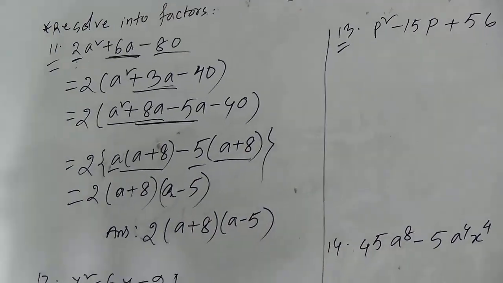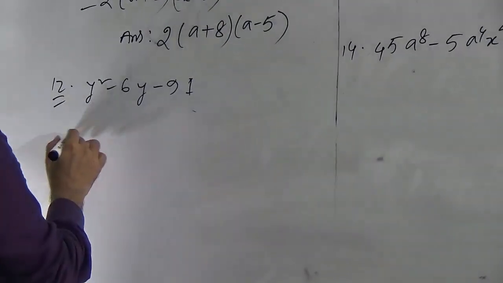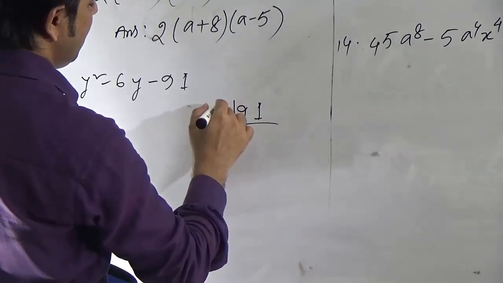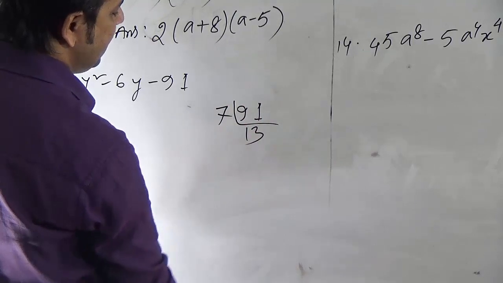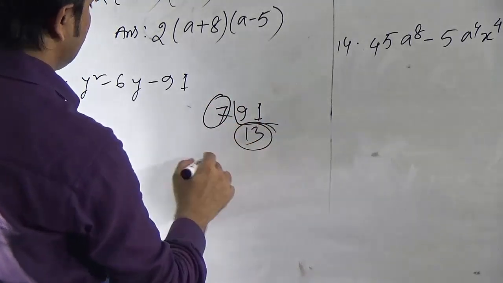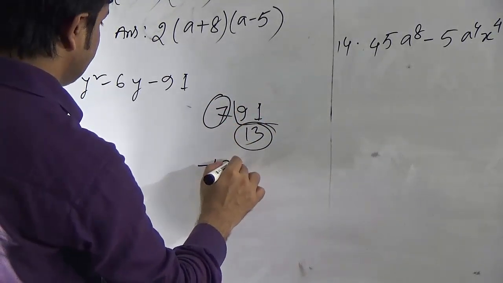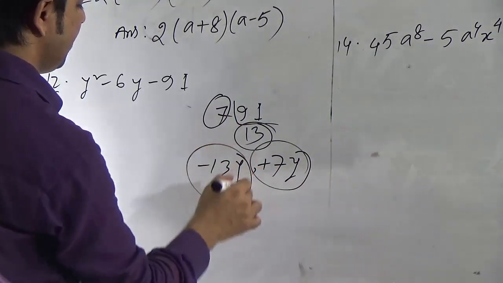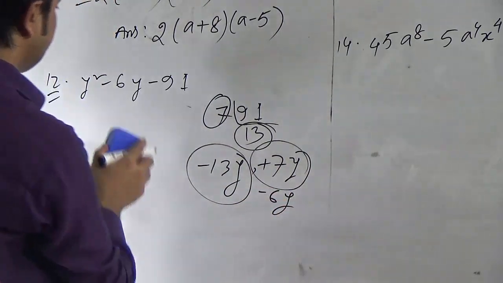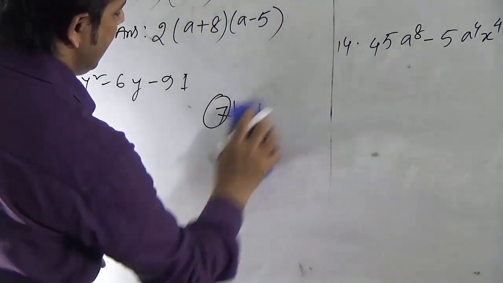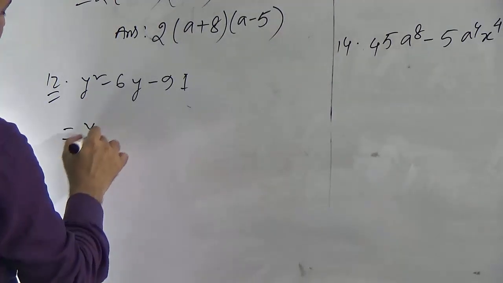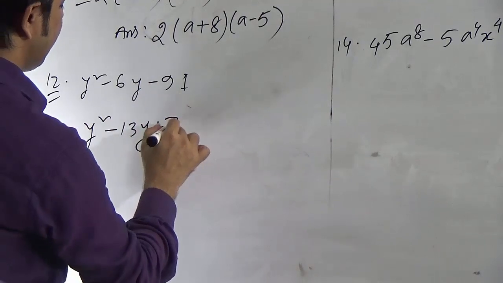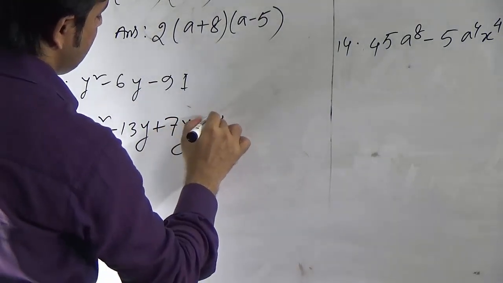Now the second expression we can solve using the same technique. Here 91, we can divide 91 by 7. It will be 13. So relate these two. If we write minus 13y plus 7y, the sum of these two will be minus 6y. So we can express the middle term as two terms as follows: minus 13y plus 7y minus 91.